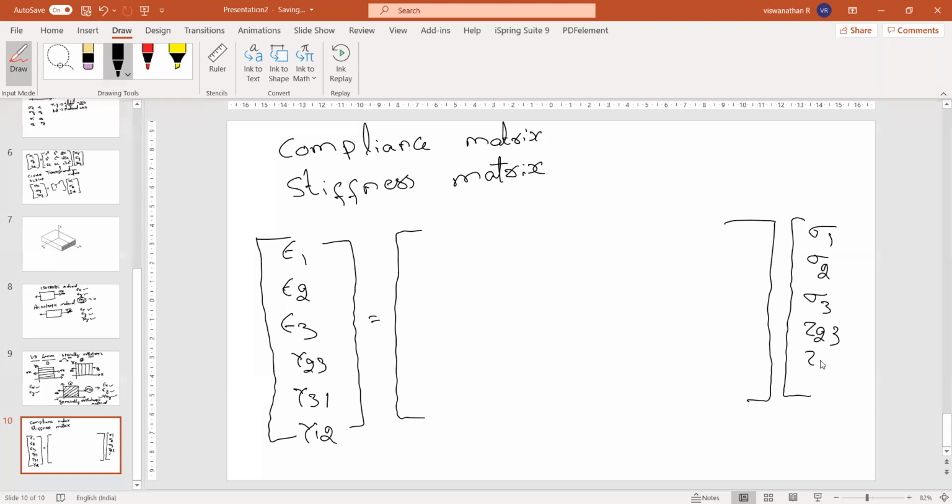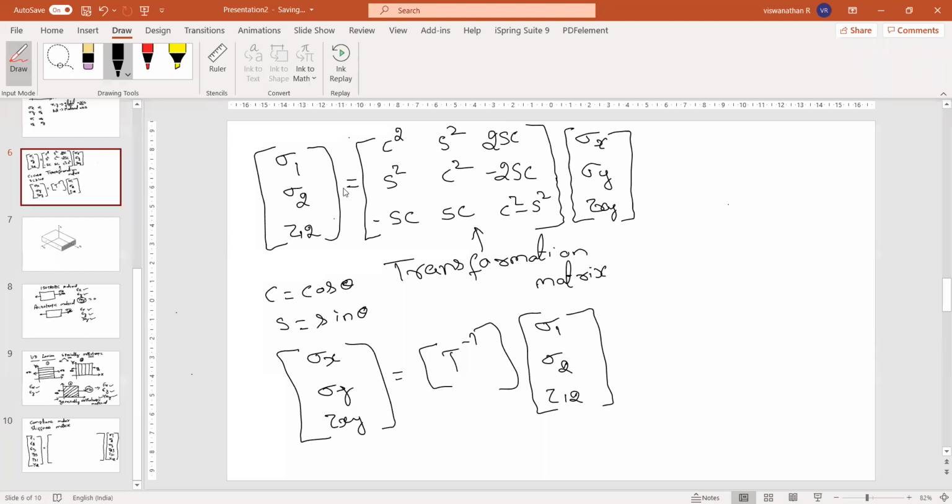No. Because I'm writing both sides in the material axis. Both sides are material axis. Why do I need a transformation matrix here? What is transformation matrix used for?